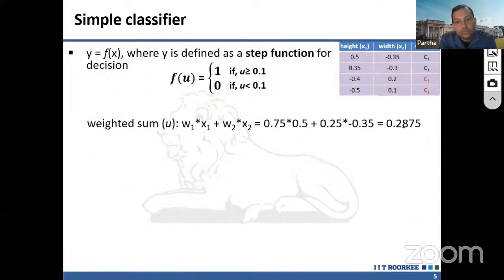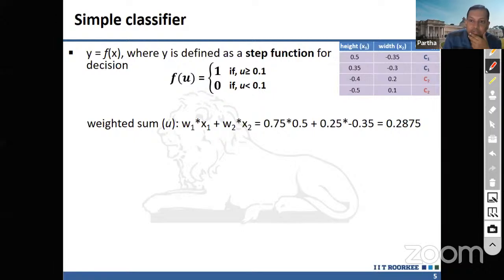Now from these two features I have a number, and now I make a threshold. Let's consider this threshold is 0.1. That's actually like a step function: if this total sum is more than 0.1, then it will be category 1, otherwise category 2.